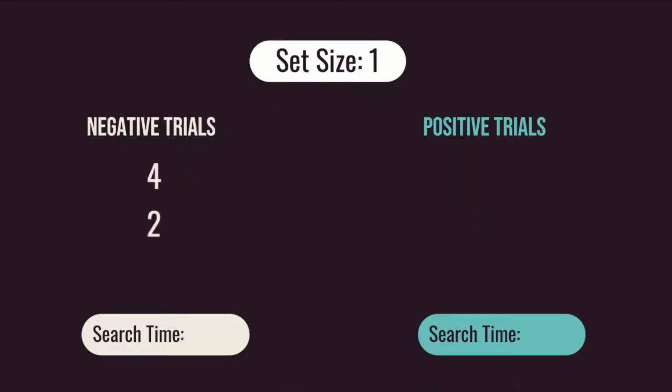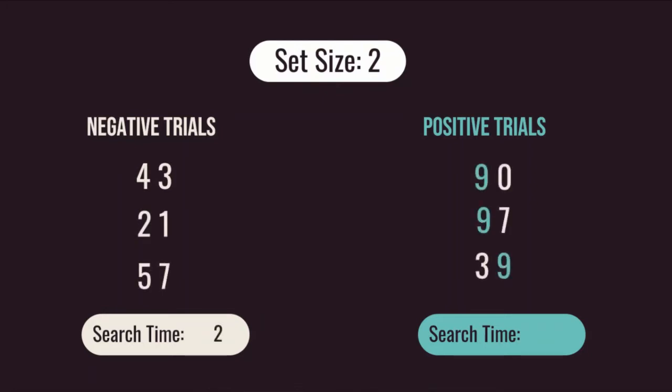For a set size of 1, if there's only one item, well, that's a really easy set to search, right? There's only one thing to look through. For a set size of 1, positive and negative trials are going to take the same amount of time because there's only the one item. There's no difference. For a set size of 2, positive trials are going to be a little quicker because half of the time it's going to be the first item and half the time it's going to be a later item.